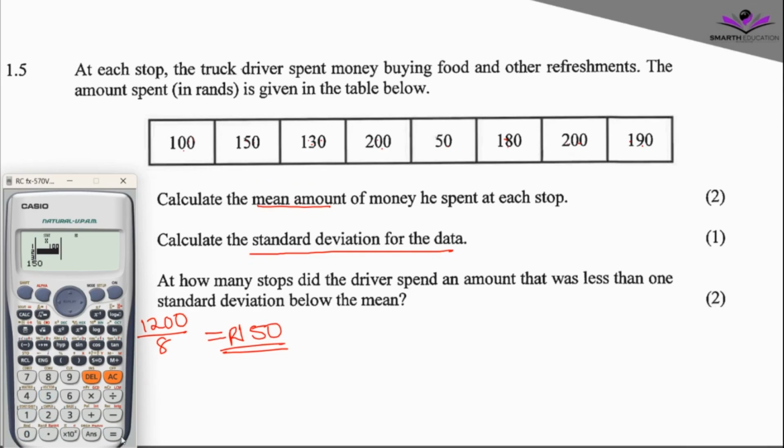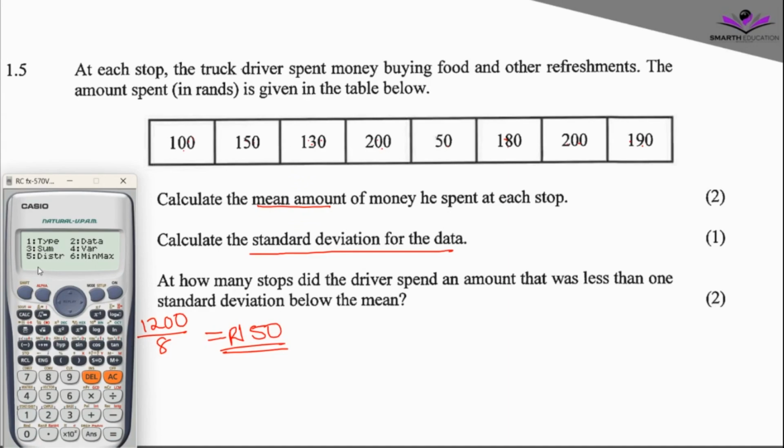You can actually find your mean using the calculator also. And the last value 190. Then equals. Press AC, then shift 1.